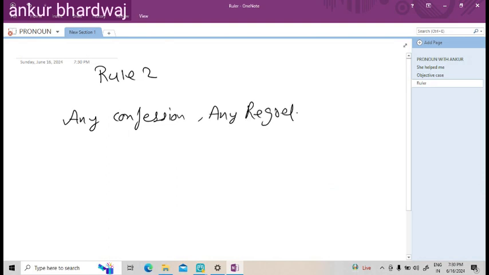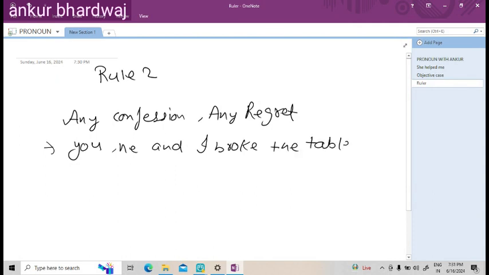In this case, what you have to keep in mind is that the sentence will be given in a wrong way, and you have to make it correct. For example, this is an incorrect sentence with an error: "You, he, and I broke the table's leg."